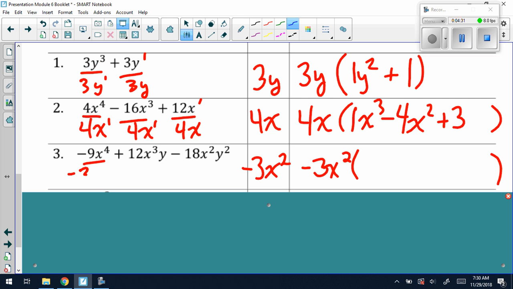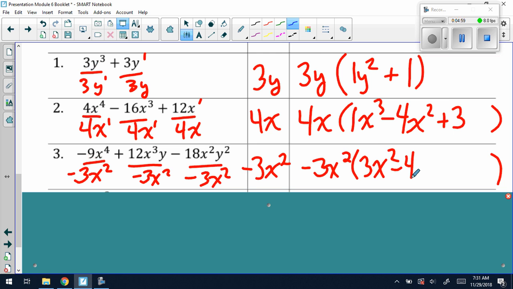To get what goes in parentheses, I'm going to divide everything by negative 3x squared. Anytime my leading coefficient is negative, I'm going to pull out a negative. So negative 9 divided by negative 3 is a positive 3. X to the 4th divided by x squared is x squared. 12 divided by negative 3 is negative 4.